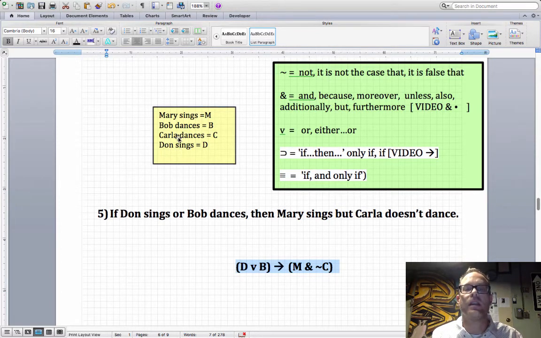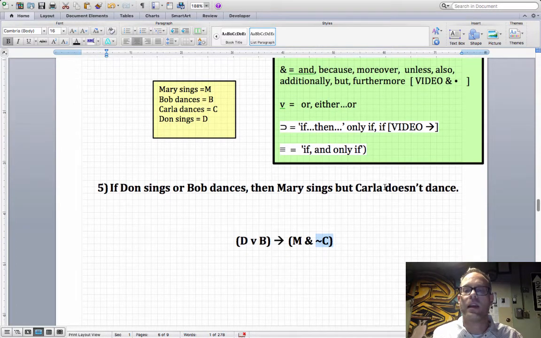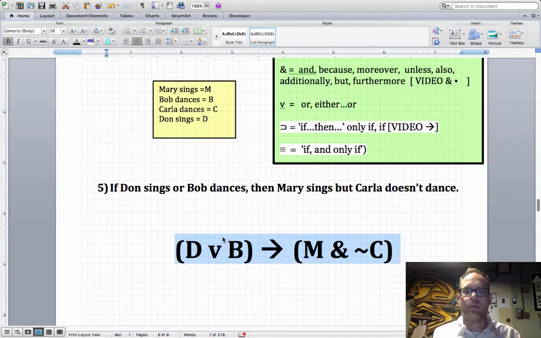Carla dances is C. So in order to get that information, we need to use our negation function right there. We need to put it in so we can say, hey, we're not saying Carla dances. We're saying it's not the case that Carla dances. That is your answer right there. D wedge B implies M and not C.